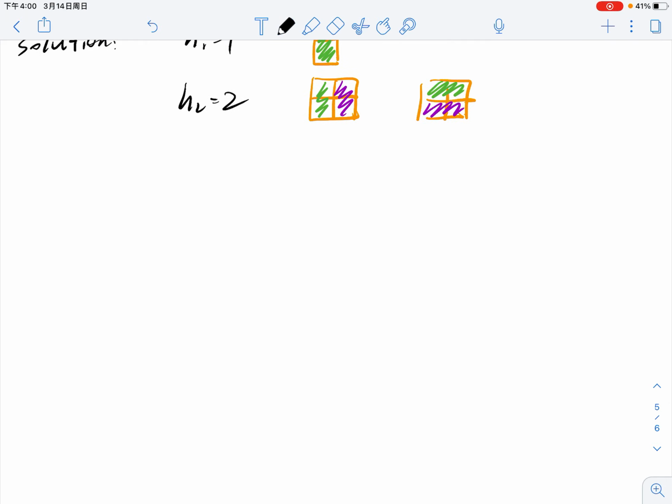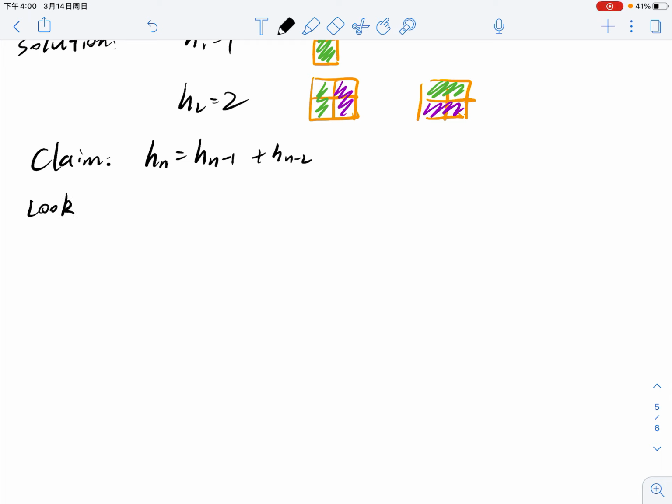Okay, and we claim that actually Hn satisfies the relation of the Fibonacci sequence, that is Hn is Hn minus 1 plus Hn minus 2. Why is it?